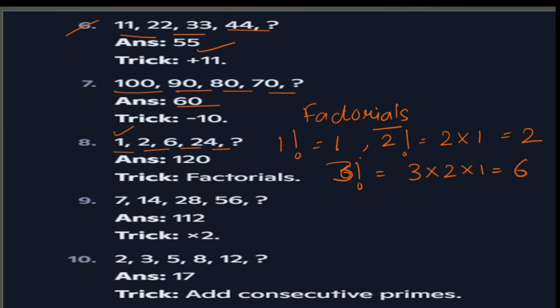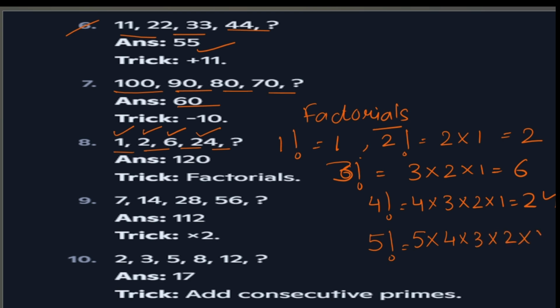Then there is 4 factorial: 4 multiplied by 3 multiplied by 2 multiplied by 1, that is 24. Then 5 factorial: 5 multiplied by 4 multiplied by 3 multiplied by 2 multiplied by 1, that would be 120. So here we have used factorials. Next, 7, 14, factorial rule that you have to remember.